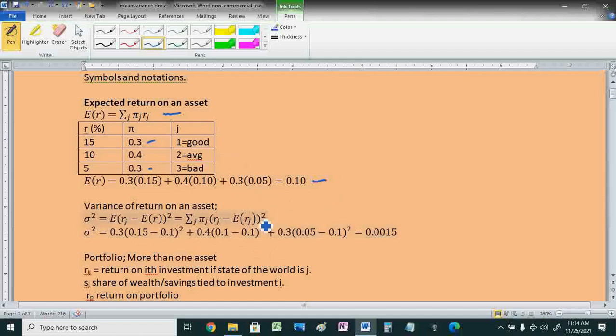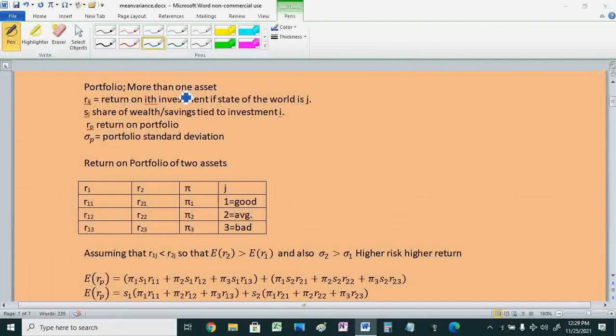It is the summation of the probability of the jth condition times the return in the jth condition minus the expected return, and we are squaring all these differences. When we do that, we obtain the variance of the rate of return equal to 0.0015. Variance has to be positive, and similarly the standard deviation is the positive square root of the variance.